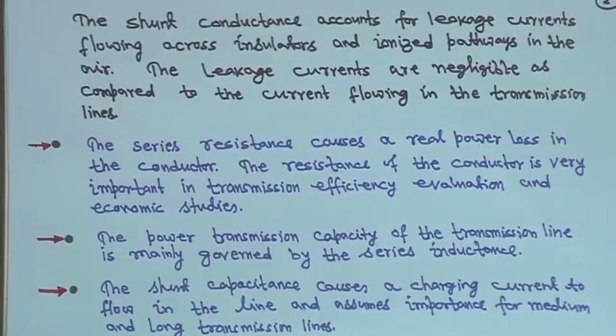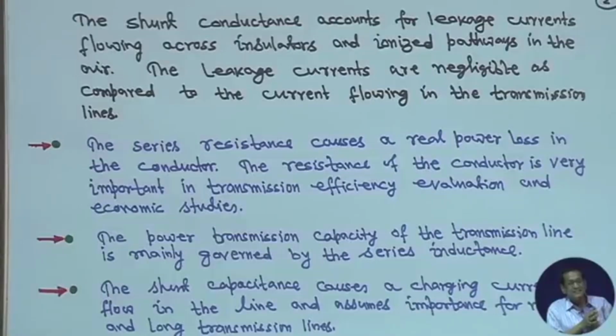But for an overhead transmission line, the shunt capacitance up to 33 kV level you may ignore, though some people do consider it at 33 kV. But if it is 66 kV or above, you have to consider the shunt capacitance.